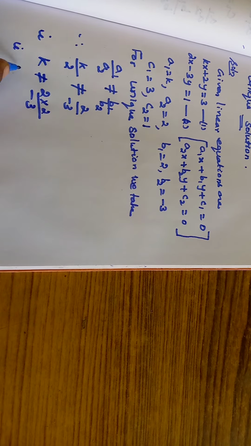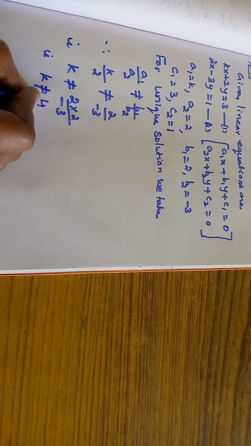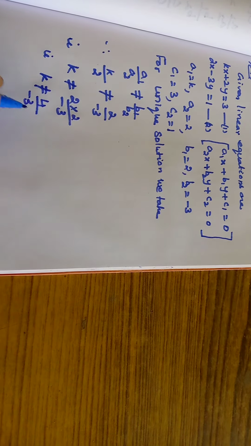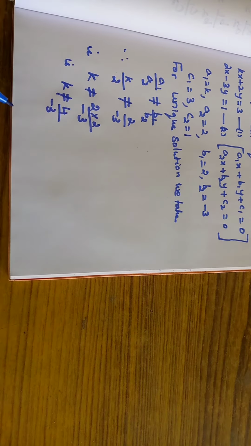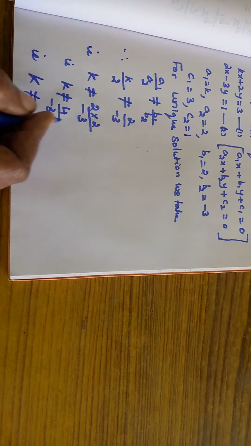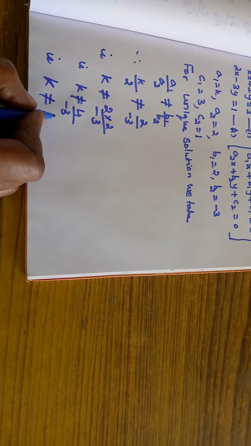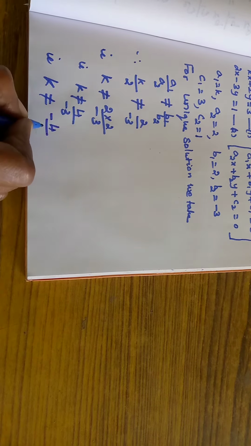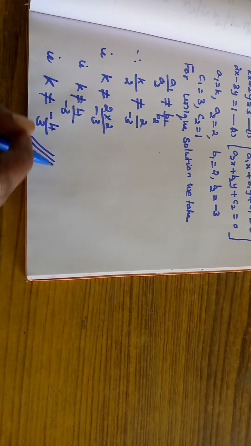That is, k is not equal to 4 by minus 3. Positive by negative is negative, so we can write k is not equal to minus 4 by 3. Understood, students? For unique solution only they asked to check here.